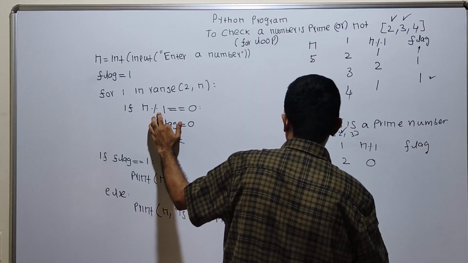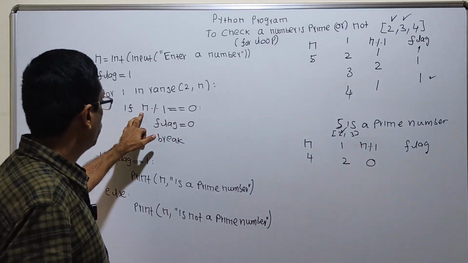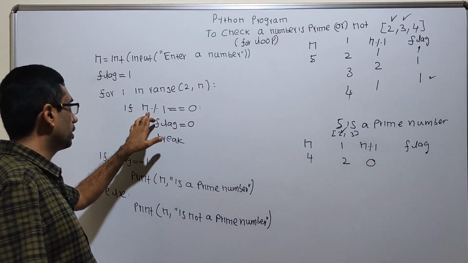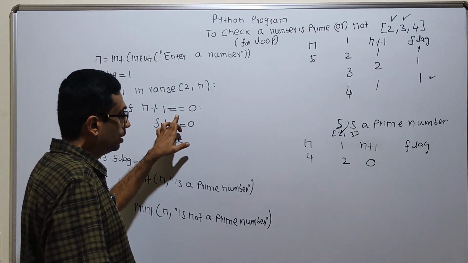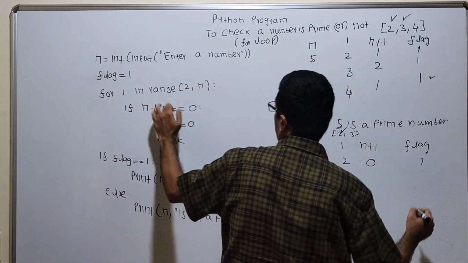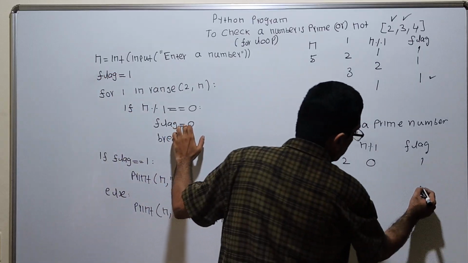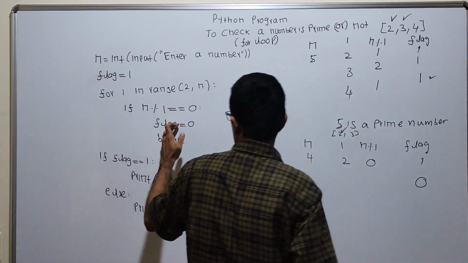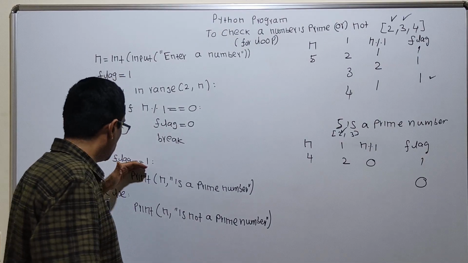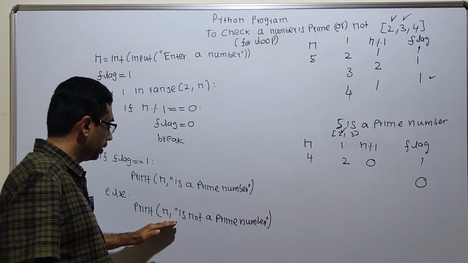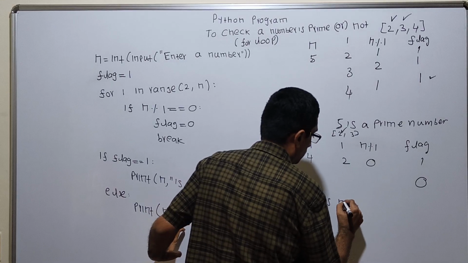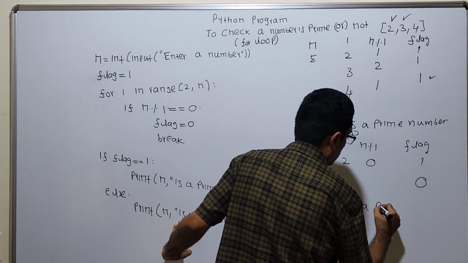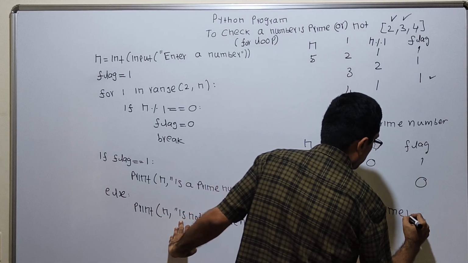When you divide 4 by 2, the remainder is 0. So this condition becomes true. The initial value of flag is 1, and now it is changed to 0. Control will come out and check flag equal to 1. No, it will come to the else part and print n is not a prime number. My output is 4 is not a prime number.